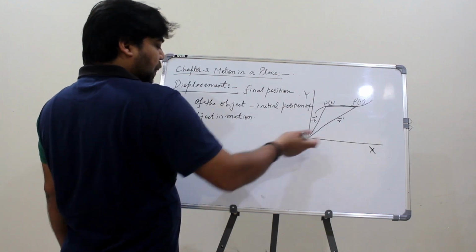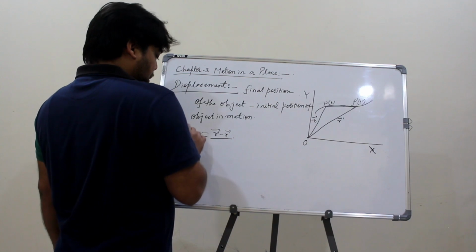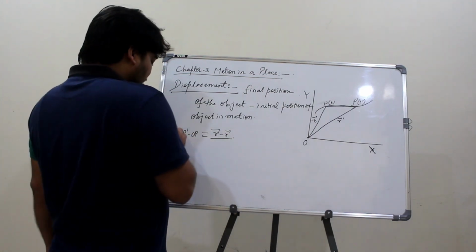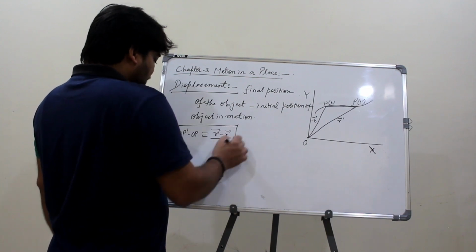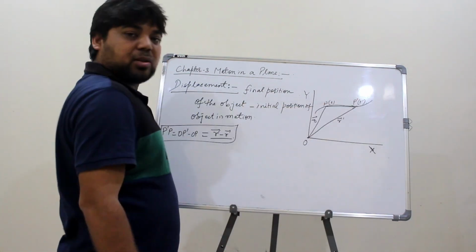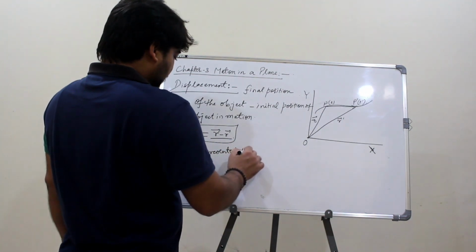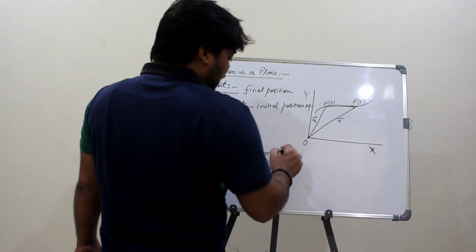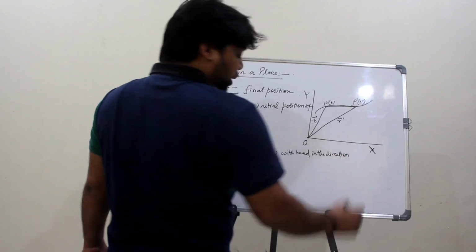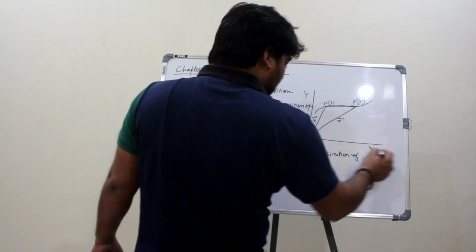So final minus initial: here r dash minus r is the position vector, which is OP dash minus OP, and which is P dash P. This is what we call the displacement, P dash P. It is represented by an arrow with a head in the direction of increase of the displacement vector.